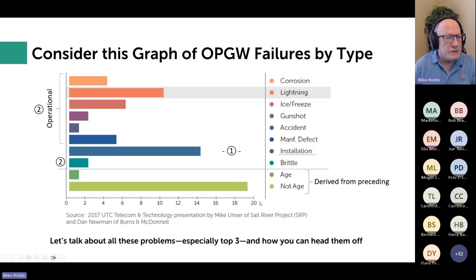So these just are like a further refinement of their results. But we're going to talk about all of this, especially the big three ones. So the installation, the lightning, and actually not so much manufacturing defect, but we will talk about that. Corrosion was what was in my mind. Excuse me, the ice and freezing.